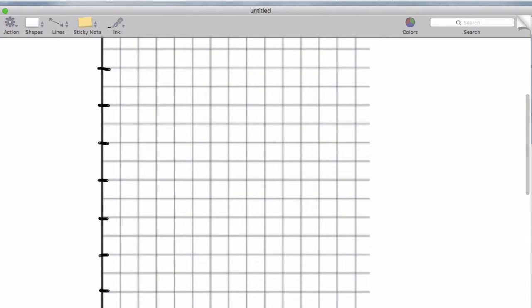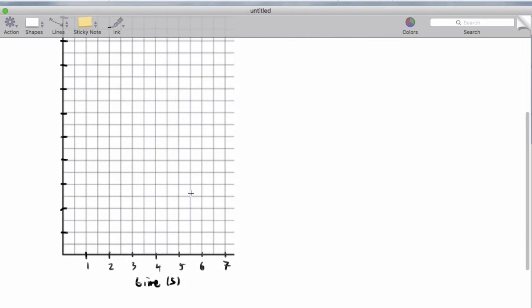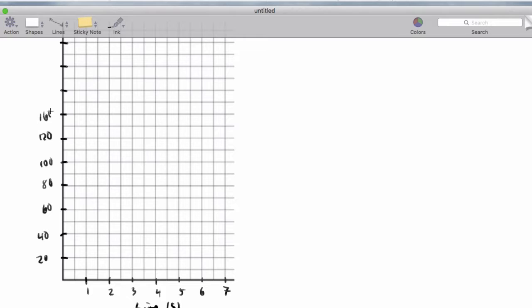Let's shrink this view down so we can see it a little better. And this is, again, position in centimeters.